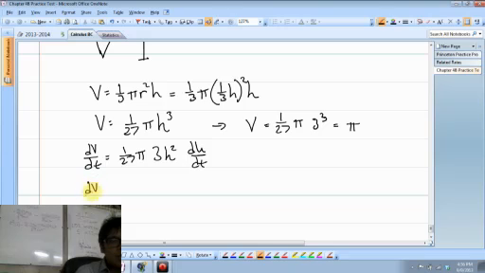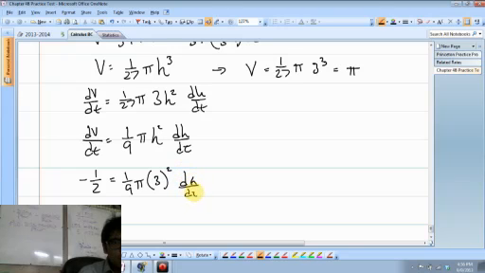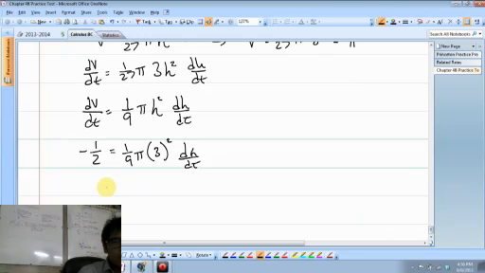That simplifies. dV dt is equal to 1/9 pi h squared dH dt. Substitute stuff. dV dt is -1/2. H is currently 3. So that tells me dH dt is equal to -1/2 pi.